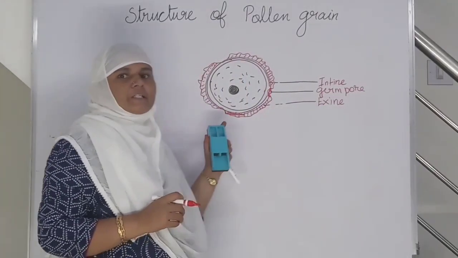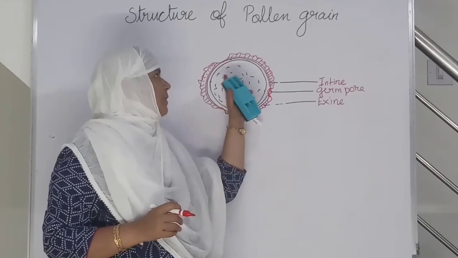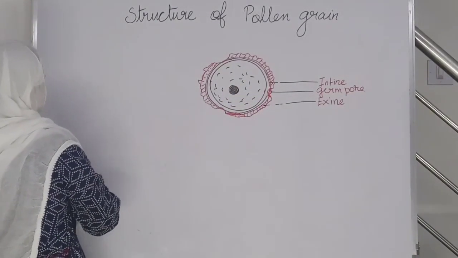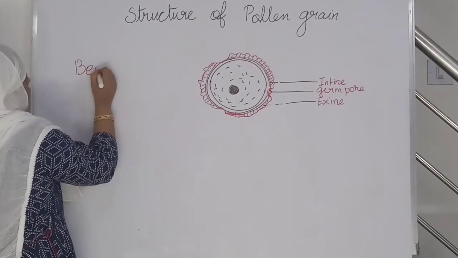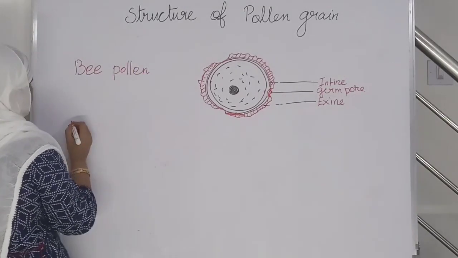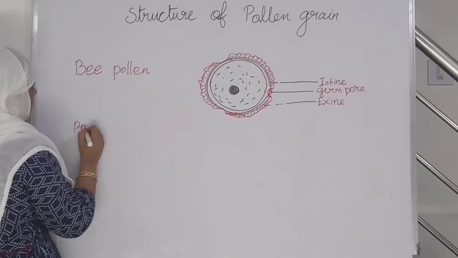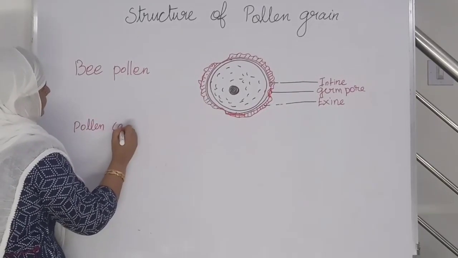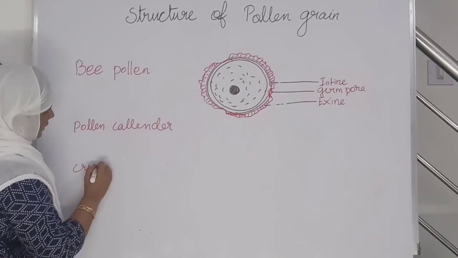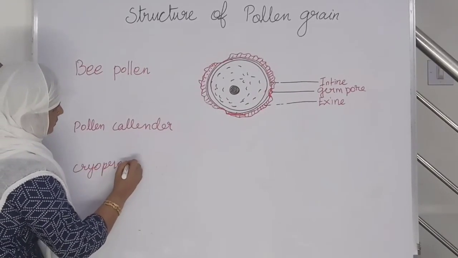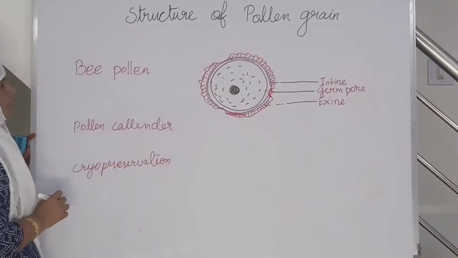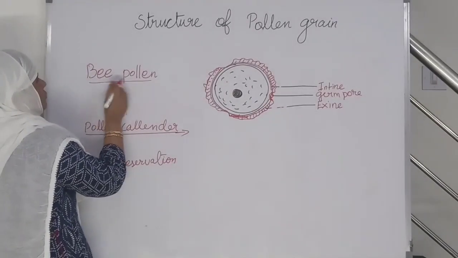Now we are going to see related topics apart from the pollen grain. One is bee pollen, pollen calendar, cryopreservation. Bee pollen is a natural food substance.